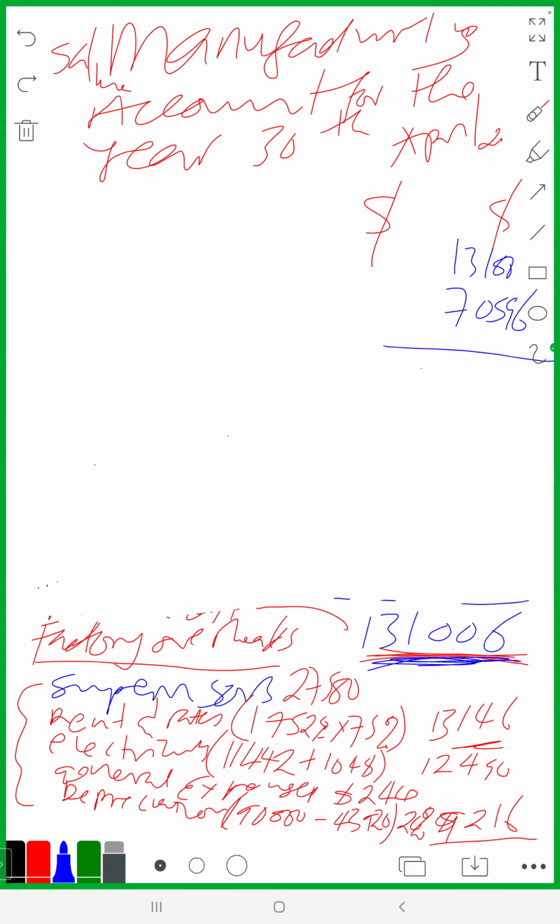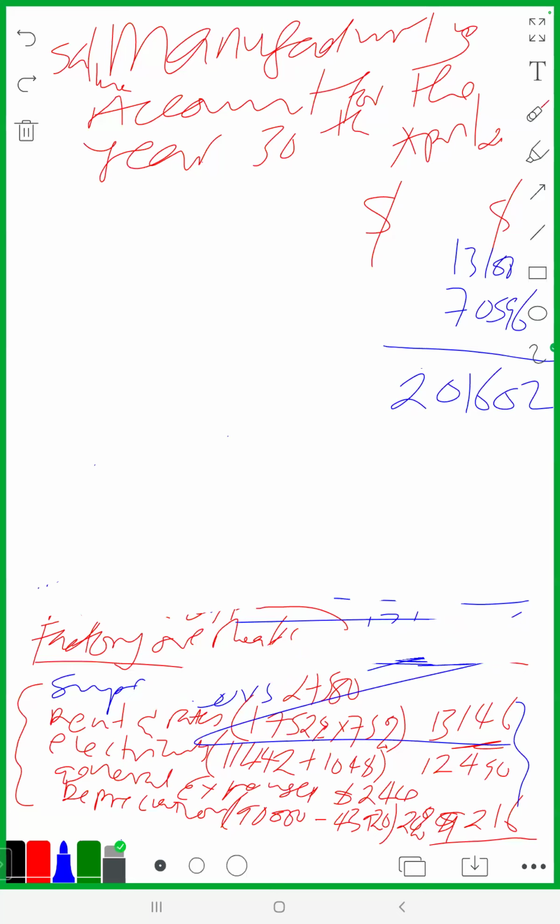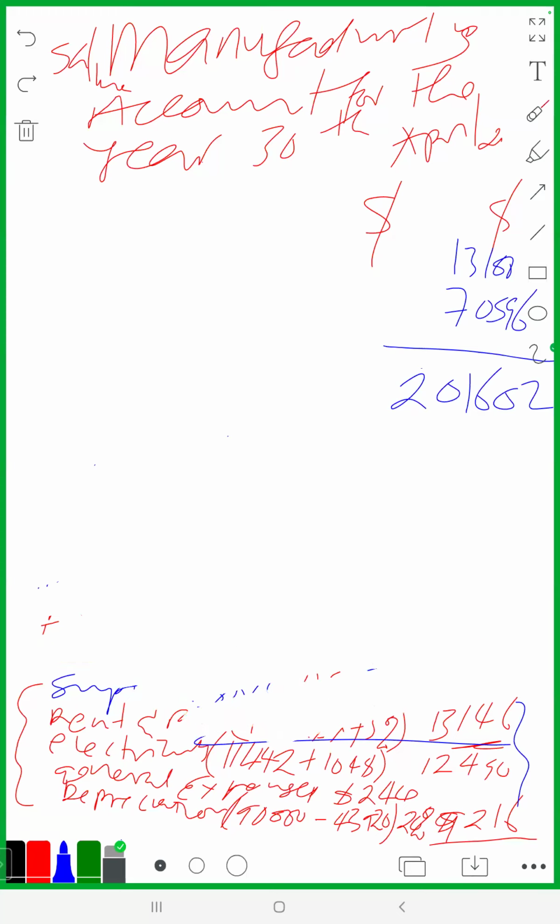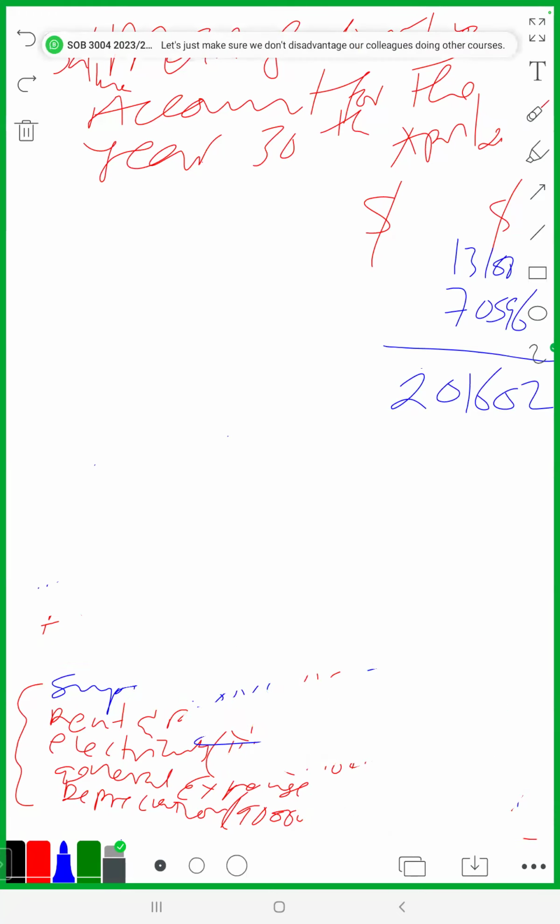You add it to this value that you push in the last column, and you get 201,602. Okay, this is in the last column. Everything is now in the last column, not the first.